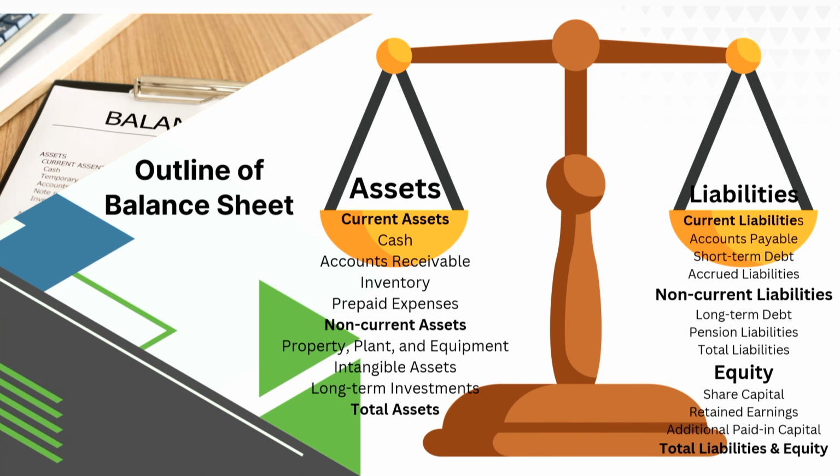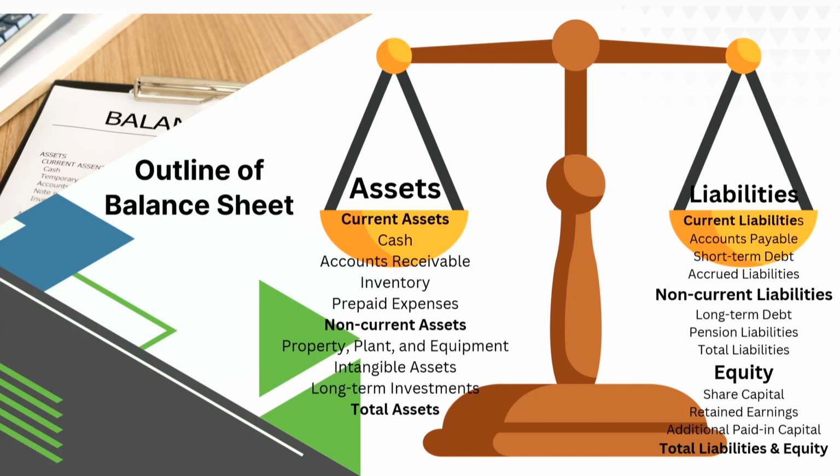It includes cash and cash equivalents, means money in hand and the bank balance, and account receivables, money owed by the customer from sales made on a credit basis. Inventory includes raw material, work in progress, and finished goods which are ready to be sold in the open market.